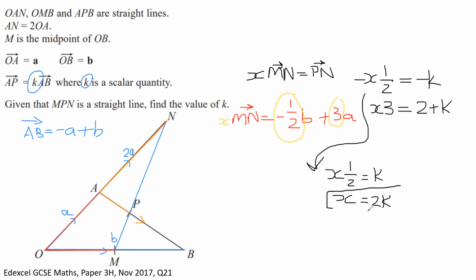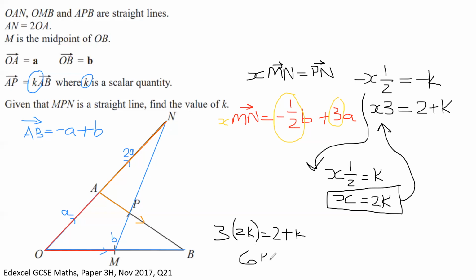We can then take this part of the equation and substitute it in here. So everywhere we've got an x, we'll put in 2k instead. So we'll end up with 3 times 2k equals 2 plus k. If we multiply this out, we're going to end up with 6k equals 2 plus k.